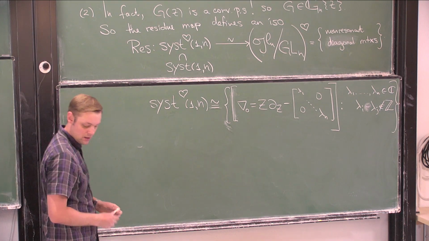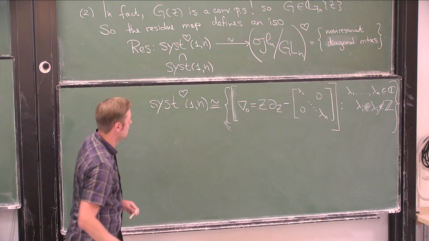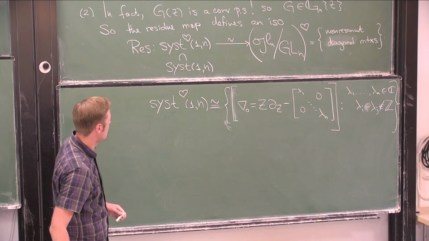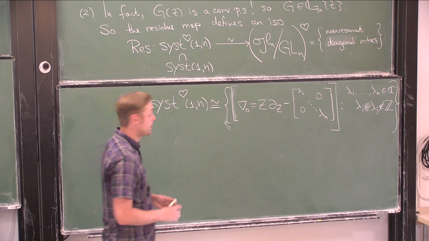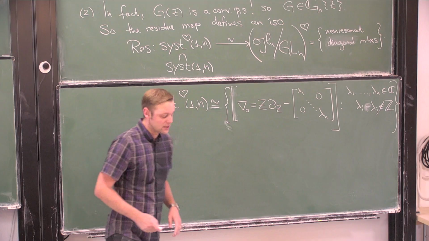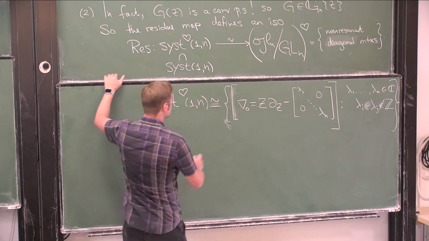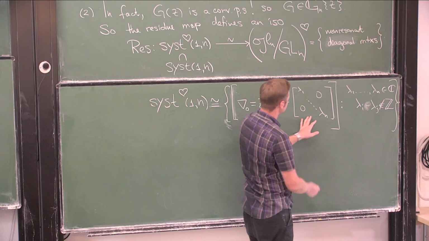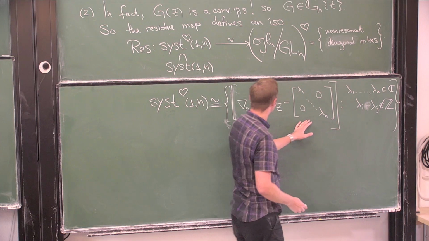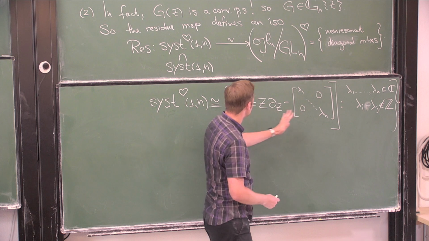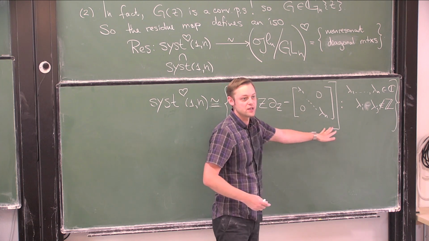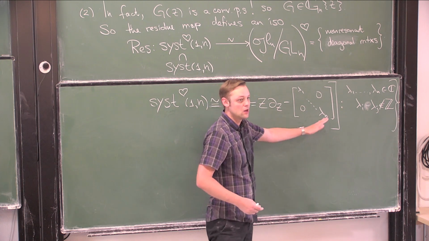So if I get this right, this is dimension n now? This is dimension n. Yeah, that's right, exactly. That's precisely what I was going to say next. So in order to give an element of this space, what do I need to give you?